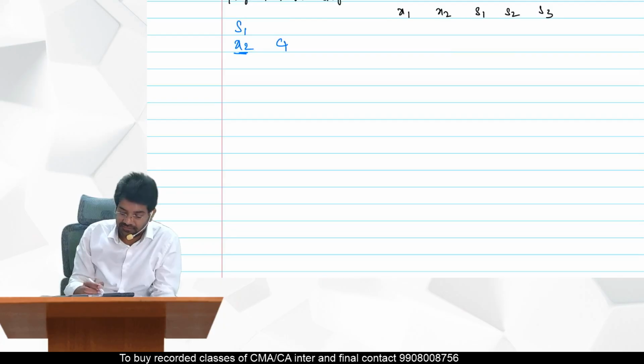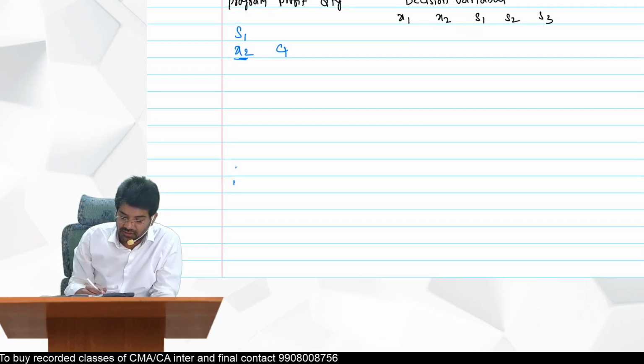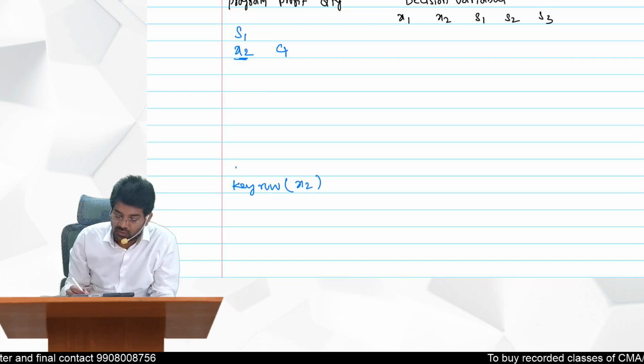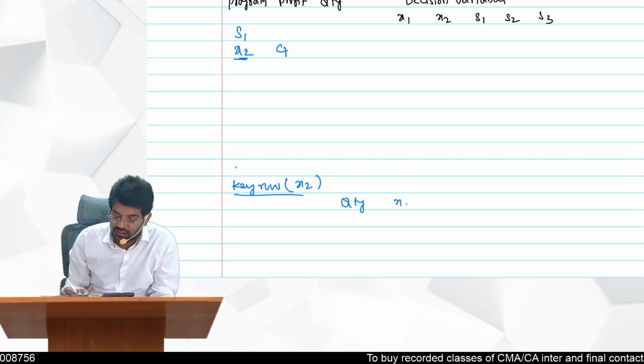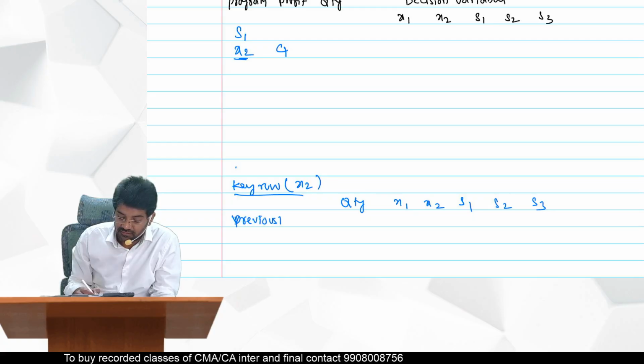I will show here the key row first, that is x2. Quantity, x1, x2, s1, s2, s3. The formula is previous table value divided by the pivot element.